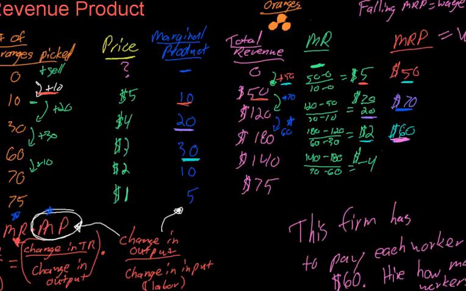So you're going to stop right there, and you're not going to hire any more workers because hiring more workers would be inefficient. So let's just say hypothetically, I worked out the numbers here so that this fourth worker, his marginal revenue product was $40. And it's obviously not. This is just hypothetical.